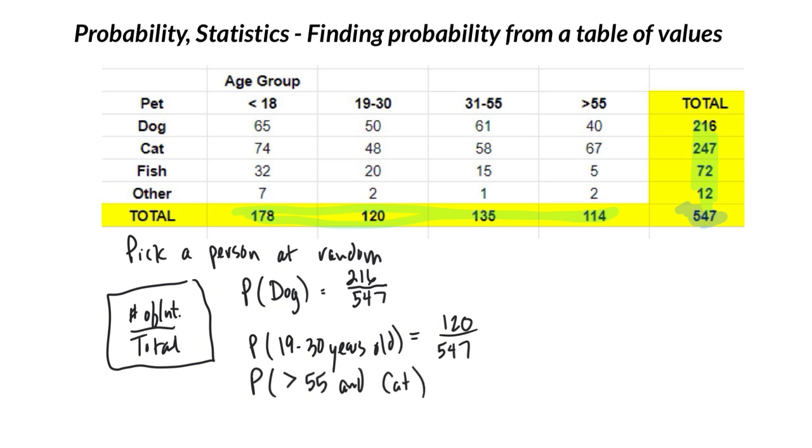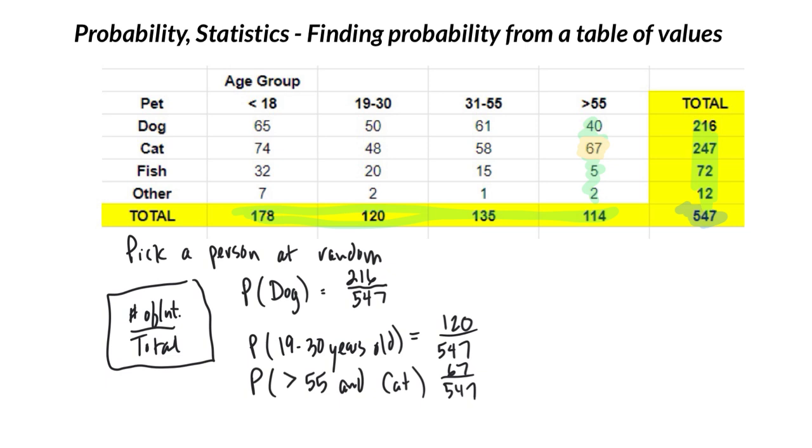Now we'd say, well, the people that are over 55 are in this group right here, but now we want only the people that are in there and also own a cat. That's this group right here. So out of our 547 total people, only those 67 fulfill both things, that they were over 55 and owned a cat.